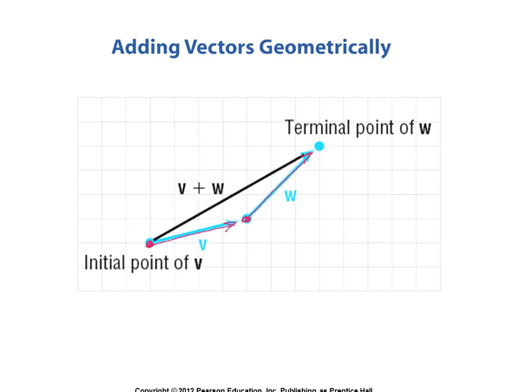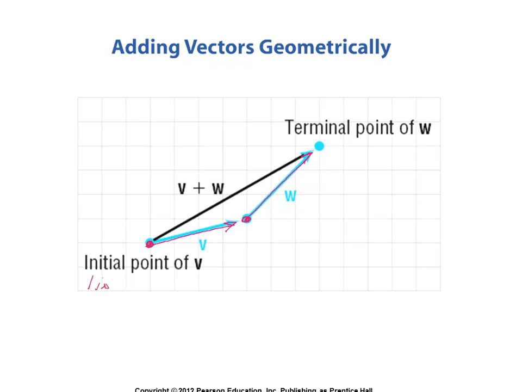In my day, that's what they called it. Like the initial point would be called the tail, and the, is that right? Head to tail, head to tail. Oh my gosh.